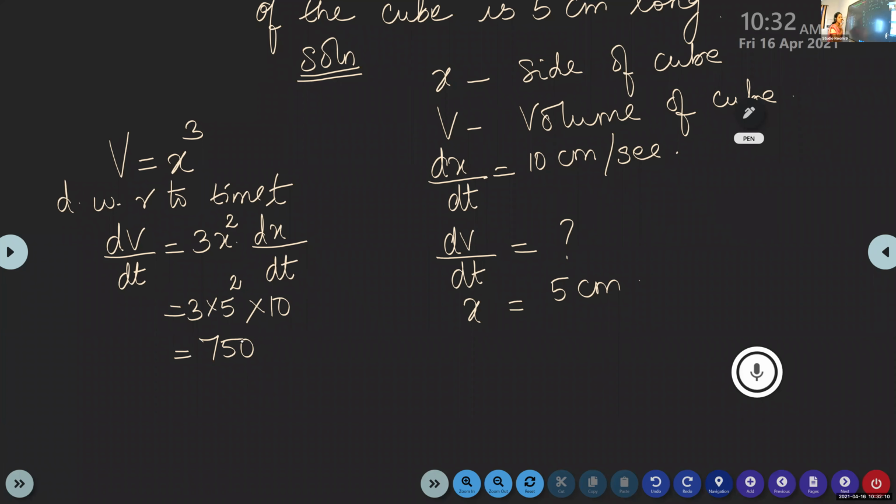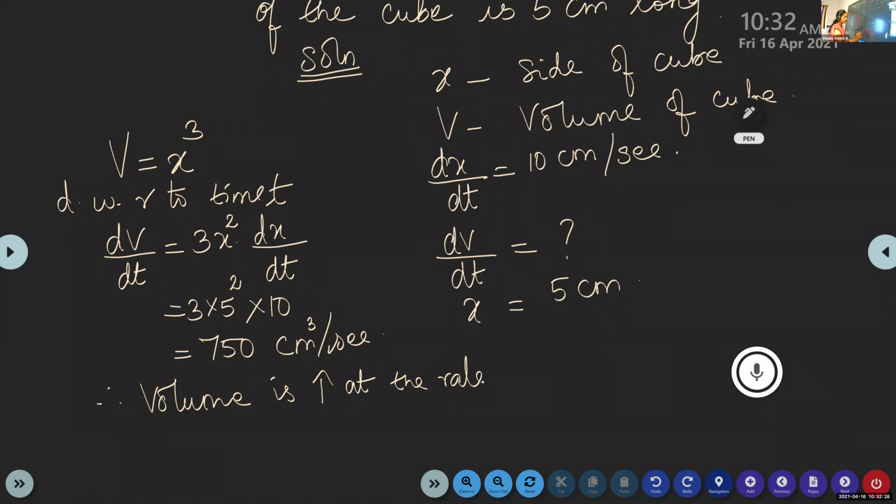Units is important. dV by dt is in centimeter cube per second. Therefore, volume is increasing at the rate of 750 centimeter cube per second.